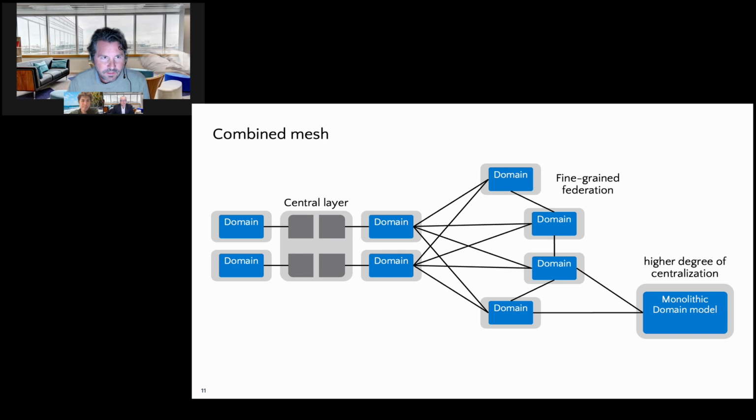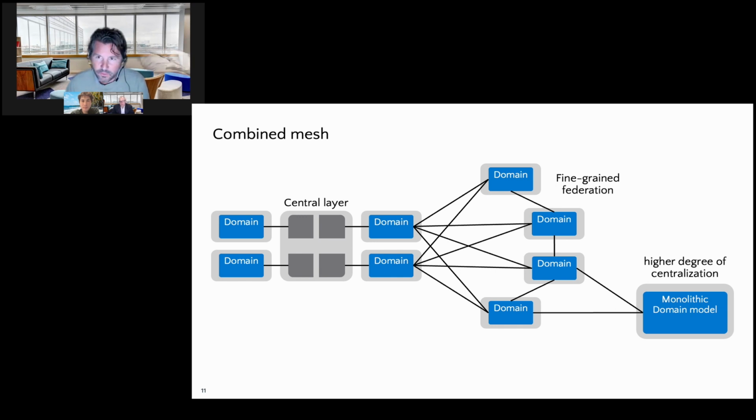you could even end up in a situation like this, where a part of your organization ships and distributes all data products using a central layer. In other parts, you see that more fine-grained federated approach like Zhamak Dehghani advocates for, and sometimes in other parts of the organization, a higher degree of centralization.